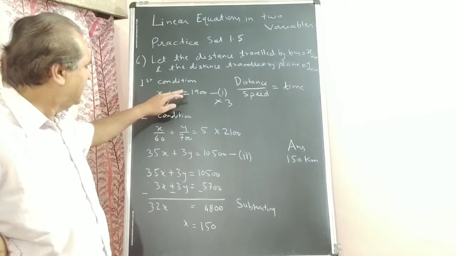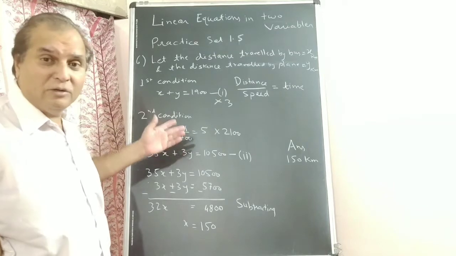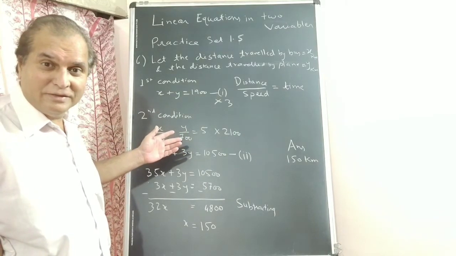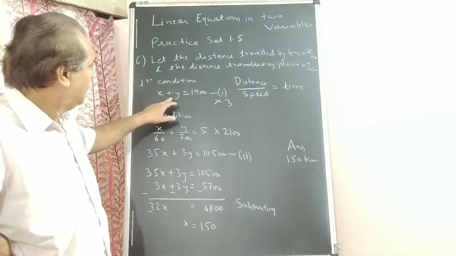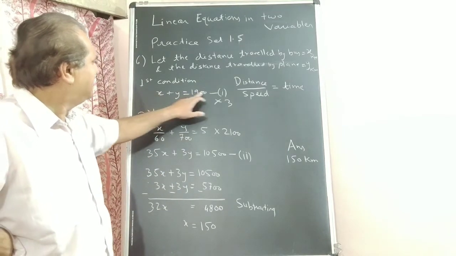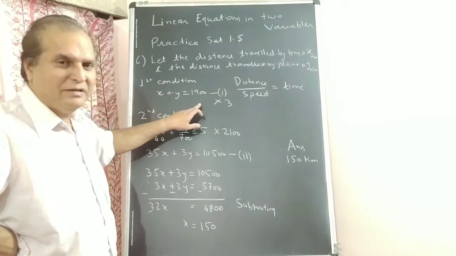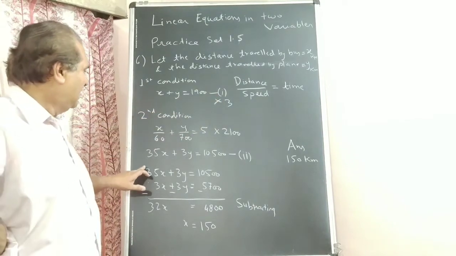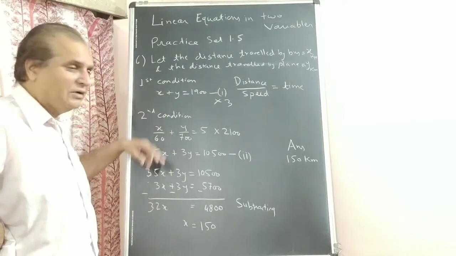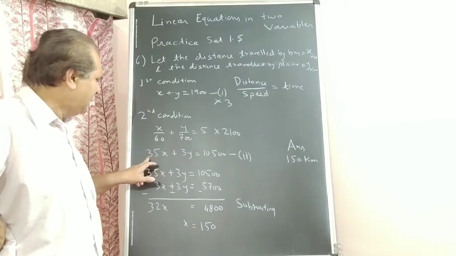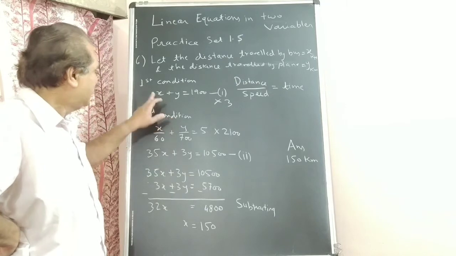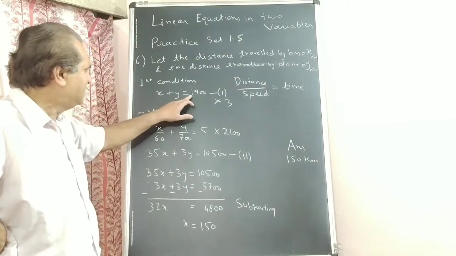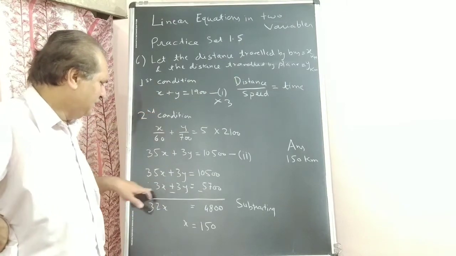Now here x plus y is 1900. We just want only x. Now we don't want y, so we'll eliminate y. We will multiply the first equation by 3, and subtract, because the same sign we have to subtract. First equation as it is, 35x plus 3y equal to 10500. Second equation, 3x plus 3y equal to 5700.